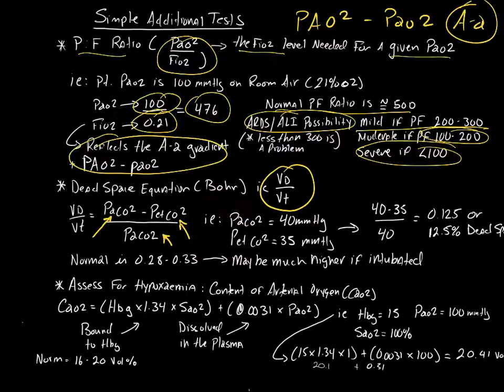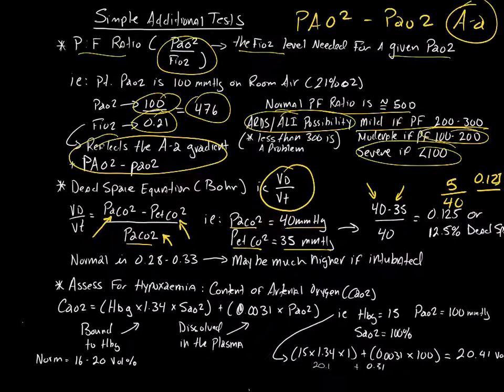So let me give you an example. Let's say that our patient has a PaCO2 of 40, and they have an end-tidal CO2 of 35, right? So I take 40 and I subtract 35 from it, and that gives me what? That gives me 5. And then I divide that 5 by 40, by the PaCO2, and that gives me 0.125.